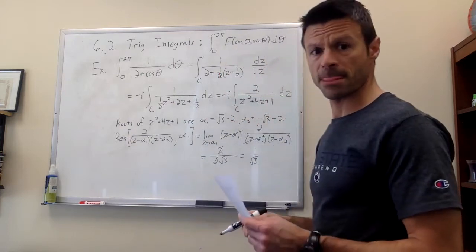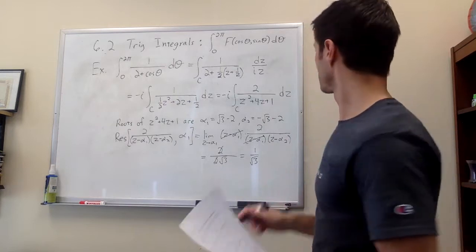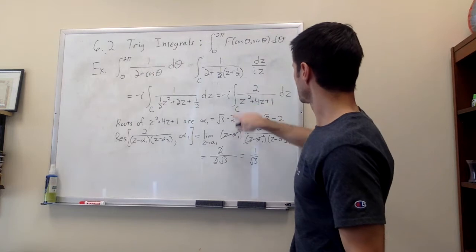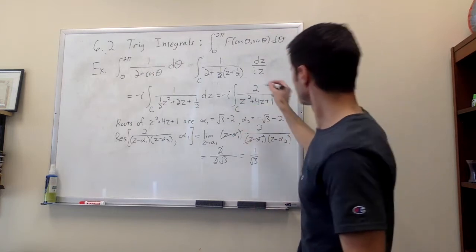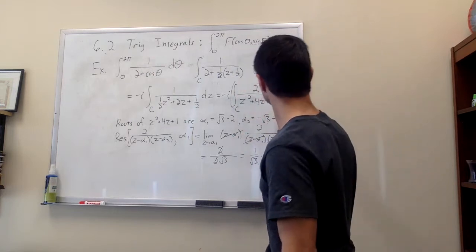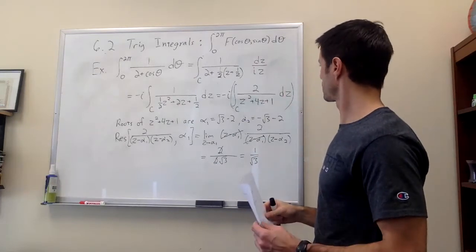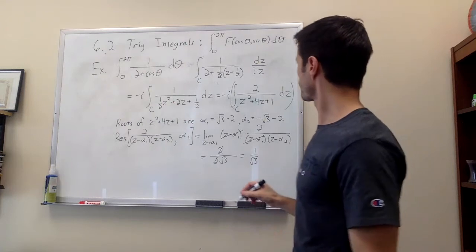By Cauchy's residue theorem, this integral equals 2 pi i times 1 over root 3.